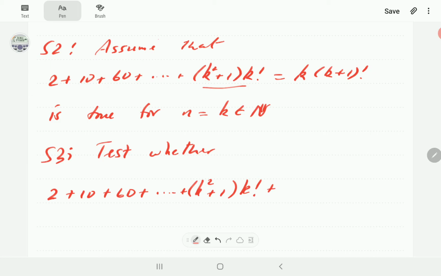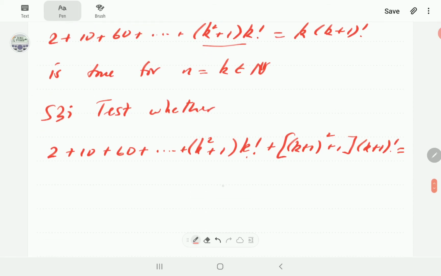Then in the next term, this is going to be k plus 1. And this is going to be k plus 1. Okay. And then on the right hand side, we're going to have k plus 1, k plus 1 plus 1 factorial.